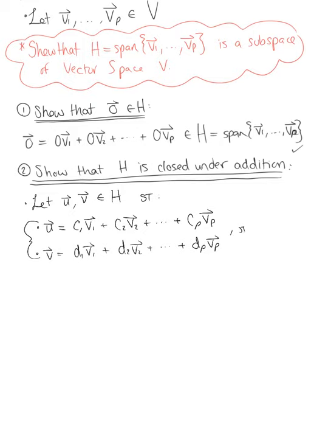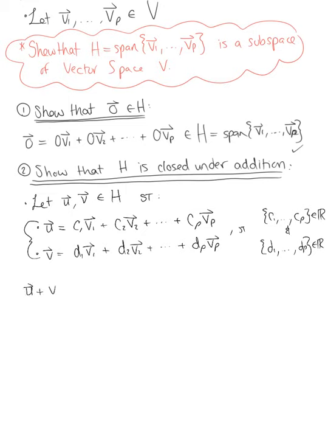We should make a note to ourselves that all these c values, c sub 1 to c sub p, are scalars, and all these d values, d sub 1 all the way up to d sub p, are also scalars.